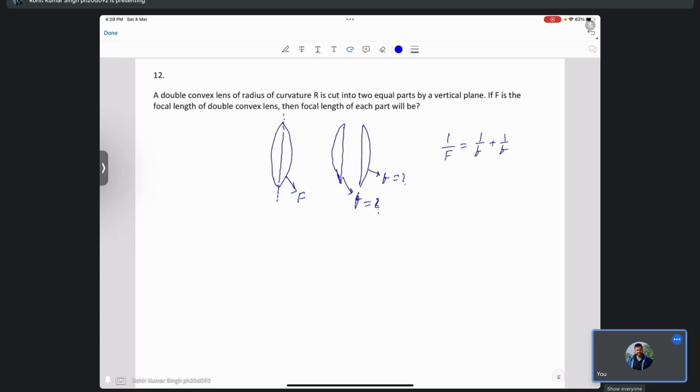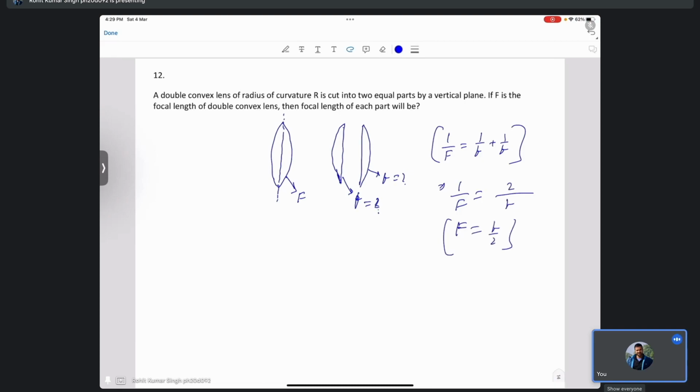Let's calculate it. Whatever you're saying, this is just 2 by f, and then f equal to f by 2, right?